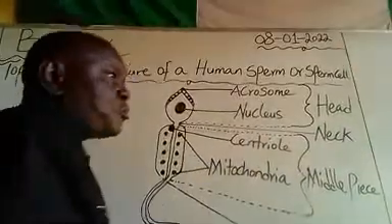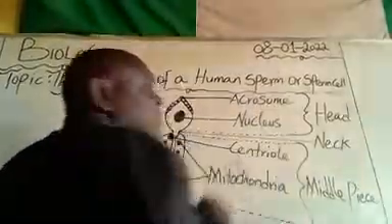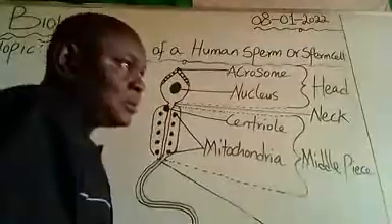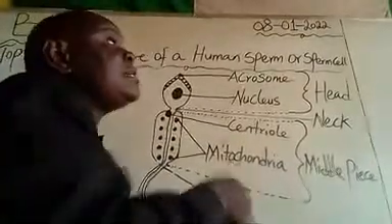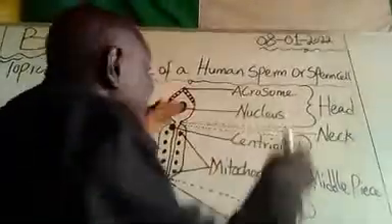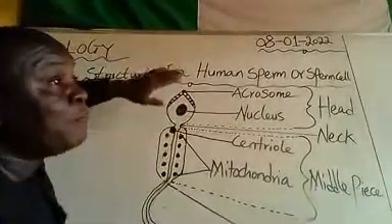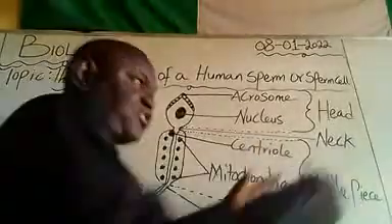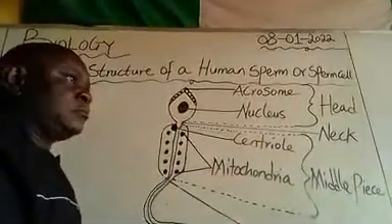Function of this acrosome: acrosome contains enzymes or agents that help in dissolving the egg membrane for the sperm to penetrate, for the fertilization to take place.